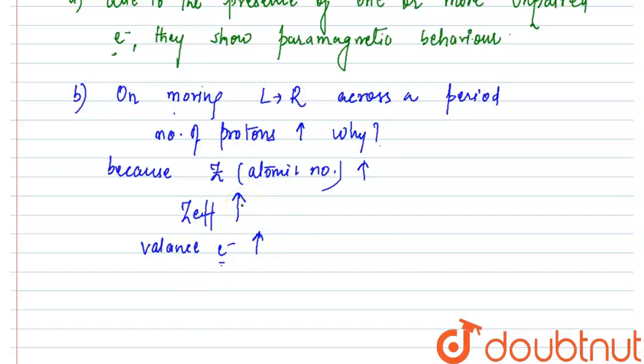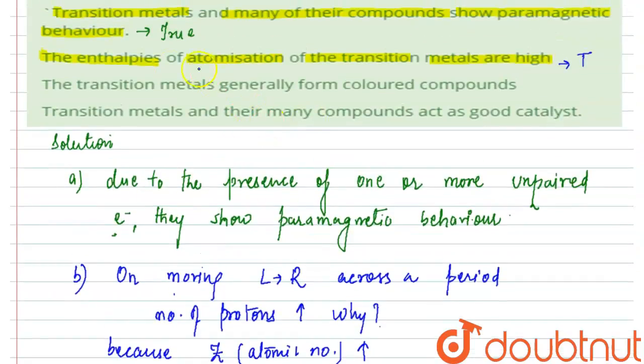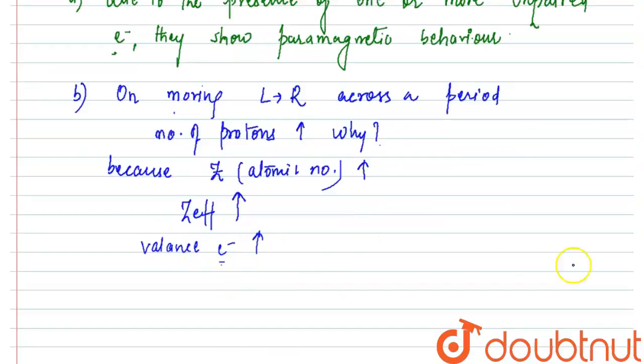Because of Z effective and this valence electron increment, we see a stronger interaction between the nucleus and the valence electrons, a better binding, and the metallic bond gets stronger and stronger. So whenever this happens, the enthalpies of atomization of the transition metals become high. So let me just write it down.